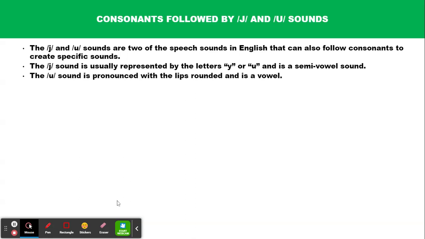So I want you to take note of that. It is not both of them that are semi-vowel. You know, Y is a semi-vowel, U is a vowel sound, okay? So that's what you need to understand.